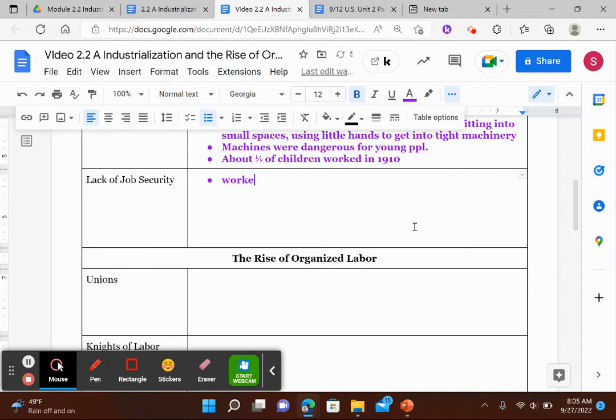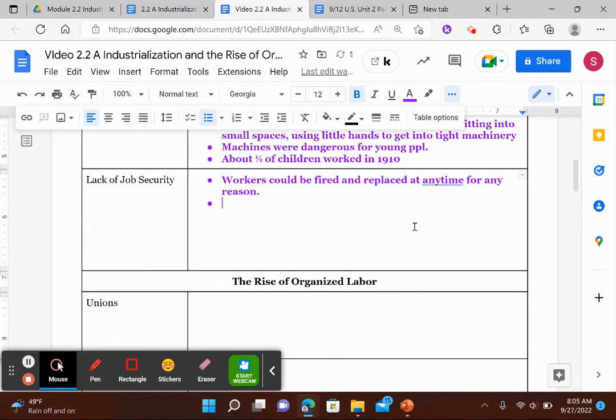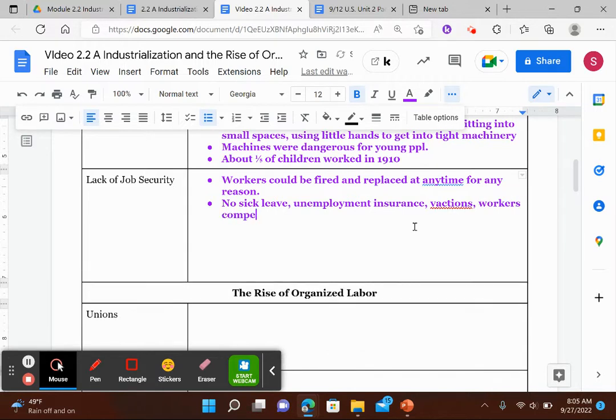So workers could be fired and replaced at any time for any reason. So, no sick leave, unemployment insurance, vacations, workers' compensation for injury.